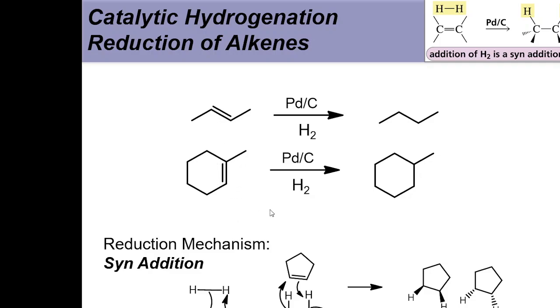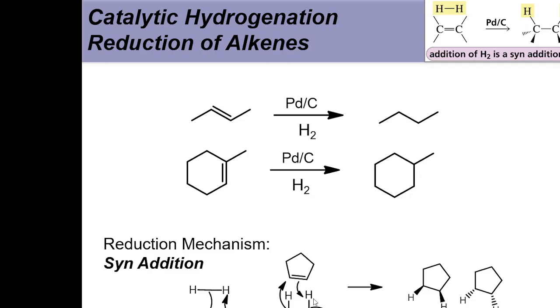The mechanism of this reaction is for understanding purposes only. This bar represents the palladium carbon solid surface. When the hydrogen gas passes over it, it will generate two separate hydrogen atoms, and these two hydrogen atoms will be added to the double bond at the same time, which is a so-called syn addition.